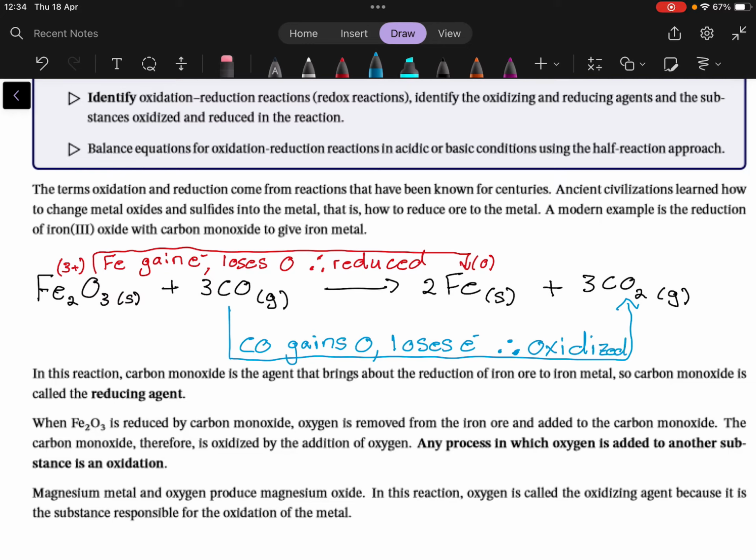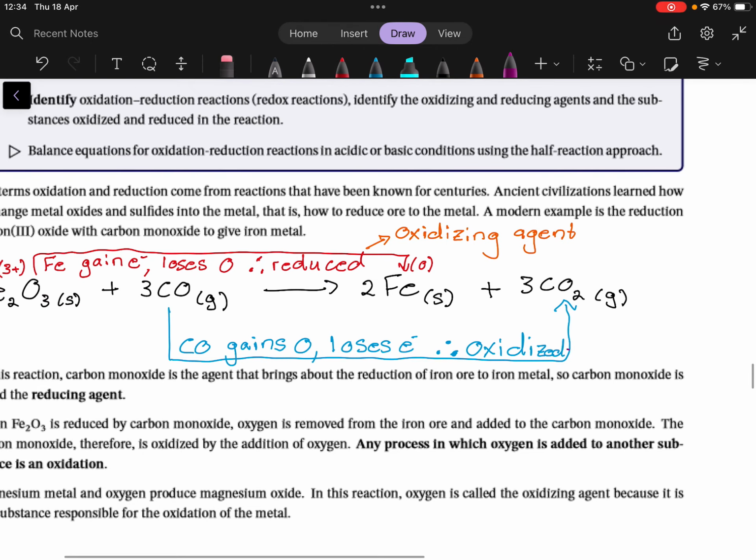Right. Other terminology that I want to introduce: the thing that is being reduced, we call it the oxidizing agent. And the thing that's being oxidized is called the reducing agent.